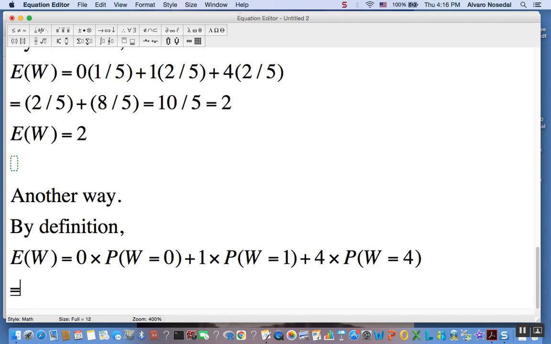Now, if you take a closer look at our table, the probability of W being equal to 0 is the same as the probability that Y equals 0.